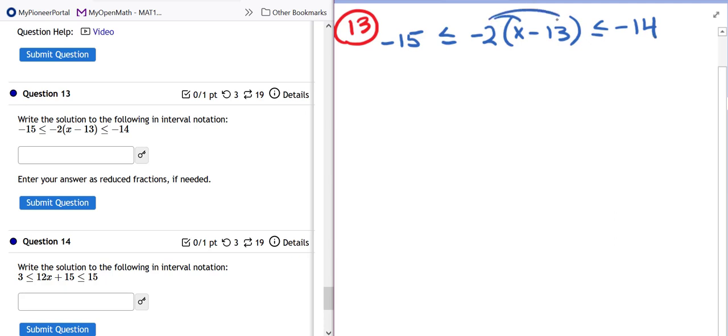All right, and we'll distribute. Right, and then you're going to isolate in the middle. So go in the middle, you're first going to take off the 26.